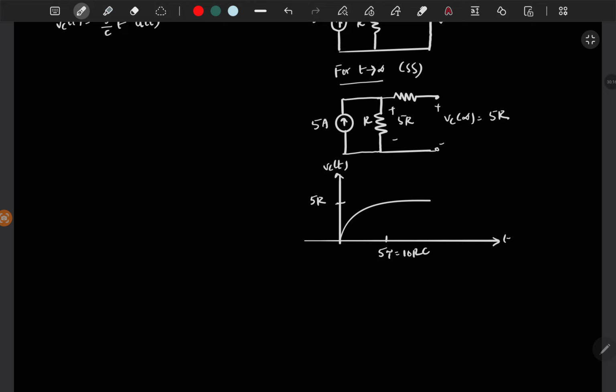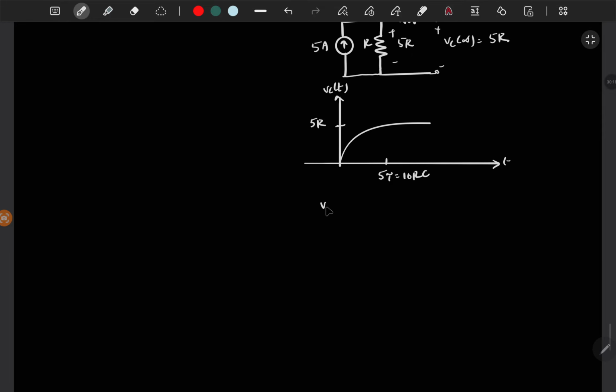So if you write the expression, then final value into 1 minus e power minus t by tau times u of t.